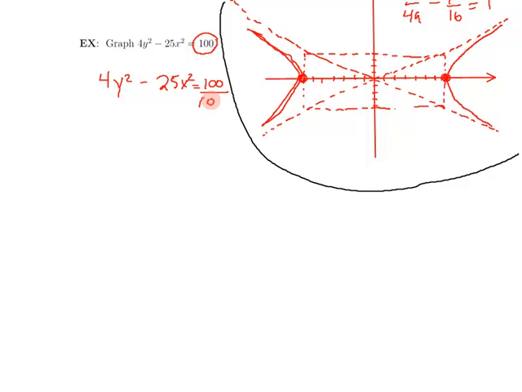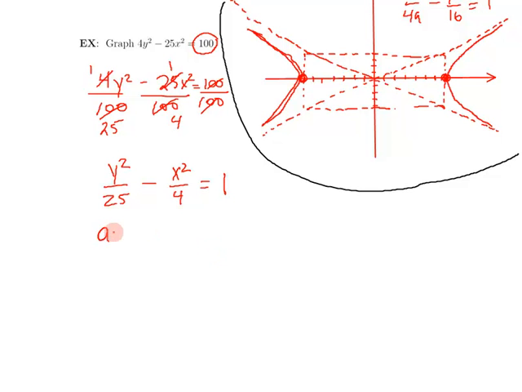We're going to divide everything by 100. 4 goes into 4 and 100. You divide 4 out of 4, you get 1. You divide 4 out of 100, you get 25. So I end up with y squared over 25 when I reduce the first fraction. Minus, 25 goes into 25 once, and 25 goes into 100 4 times. So it's x squared over 4 is equal to 1. 100 divided by 100 is 1.